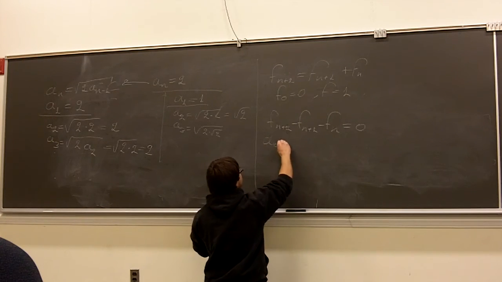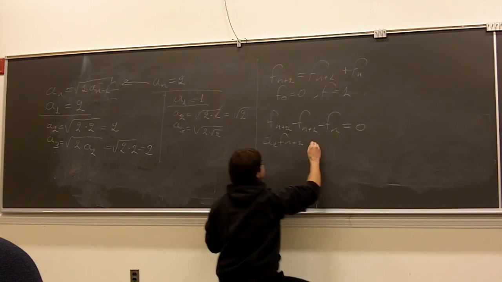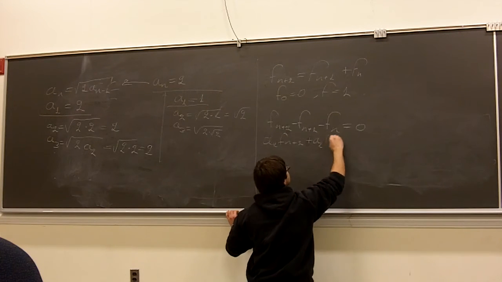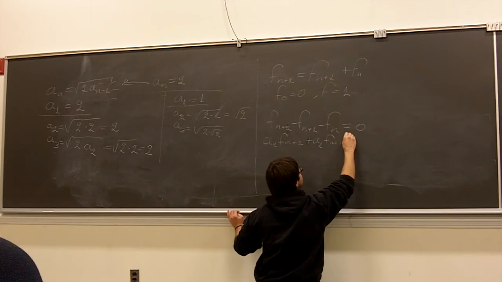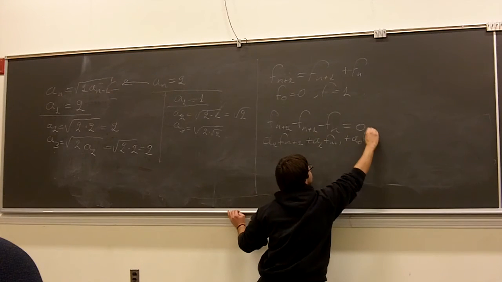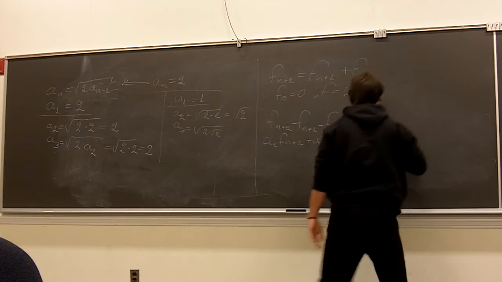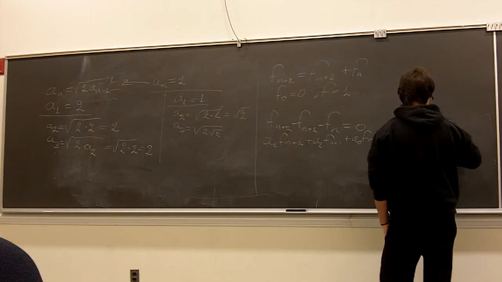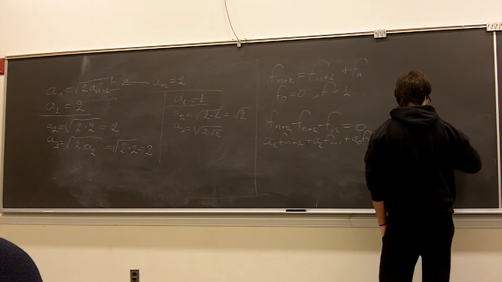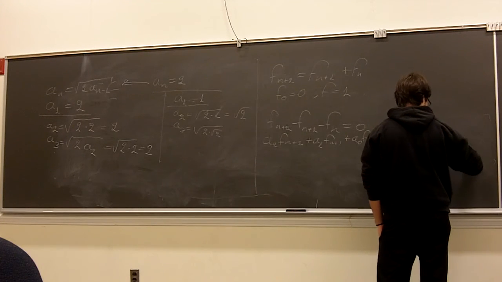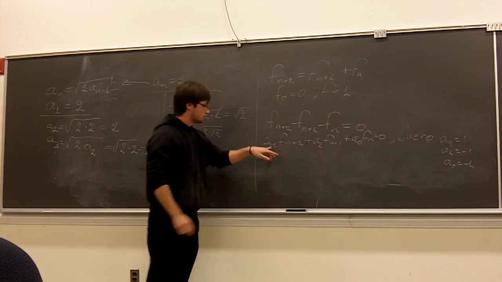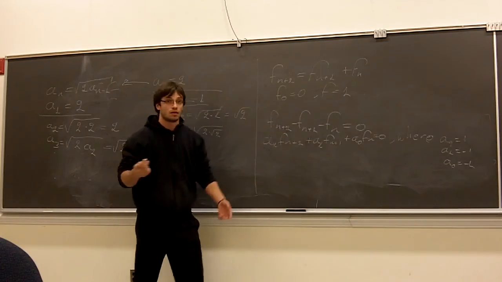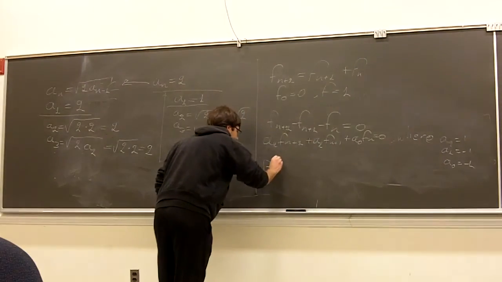Let's say this is a2. Okay? I just put here some constants, these values. The characteristic polynomial looks like this.